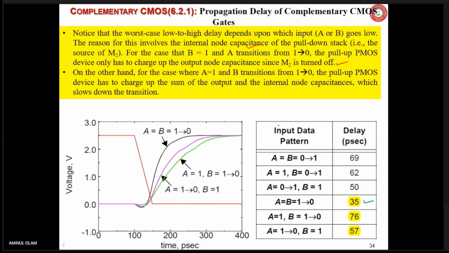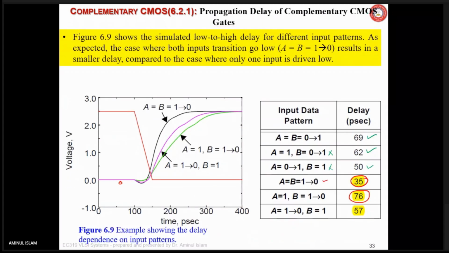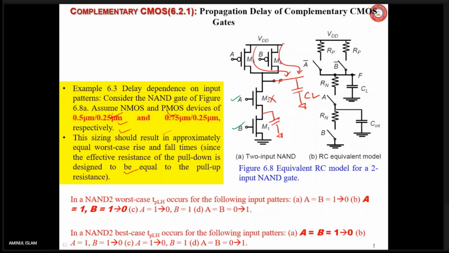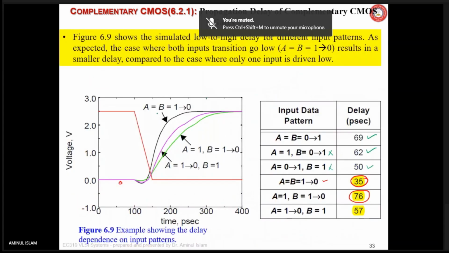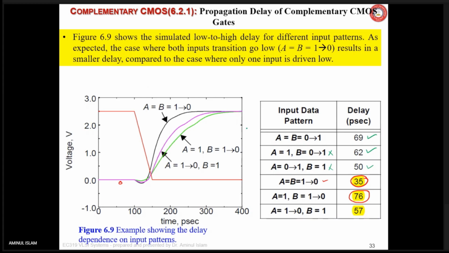This has been simulated with these dimensions of the MOSFETs, and the simulation result is given for the low to high delay for different input patterns. This is one diagram, another one is for different transitions.